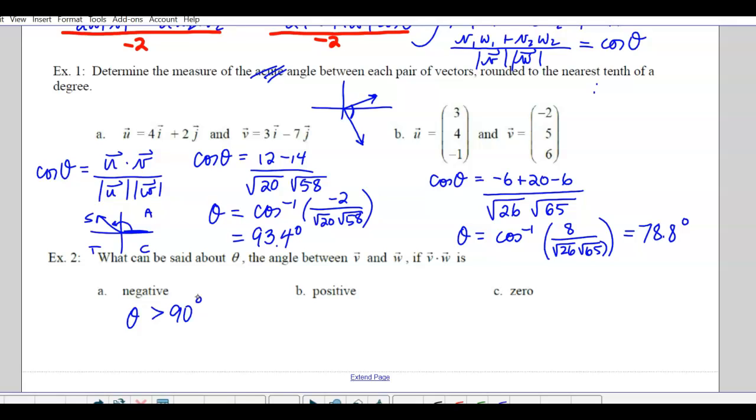If it's positive, then it's less than 90 and greater than 0. What happens if it's exactly 90 degrees? What's the cos of 90 degrees? 0, yep. What's the cos of 0 degrees? So that's why I don't include the equal sign.